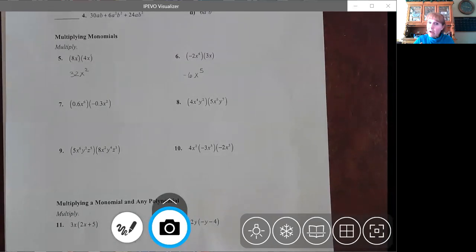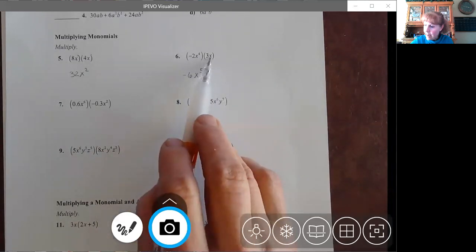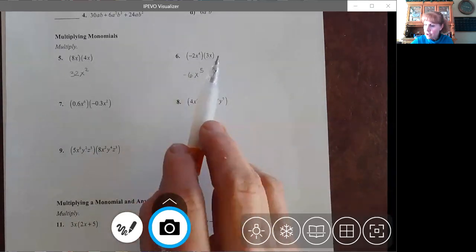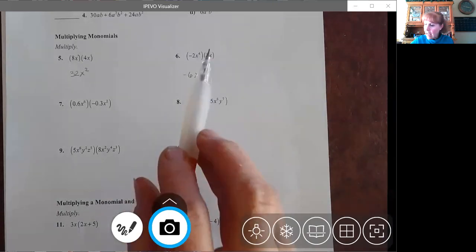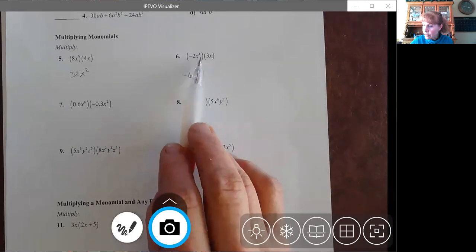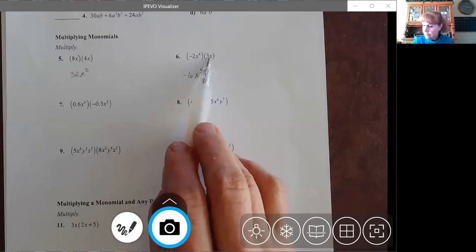Now, if we were adding, obviously we could not add these together because these terms don't match, but you can multiply them because the only thing that has to match when you're multiplying are the bases, okay? And then you add exponents. So don't confuse the adding of these terms with the multiplying of these terms. We can go ahead and add the exponents when you're multiplying a common base.